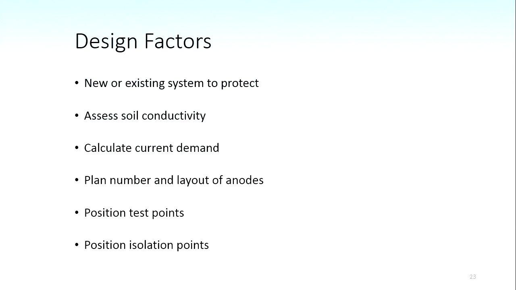The age of the system is significant because the coating degrades with time. What you'll see later on, I'll show you some data, is that the current requirement for an old pipe is higher than the current requirement for a newly coated pipe.